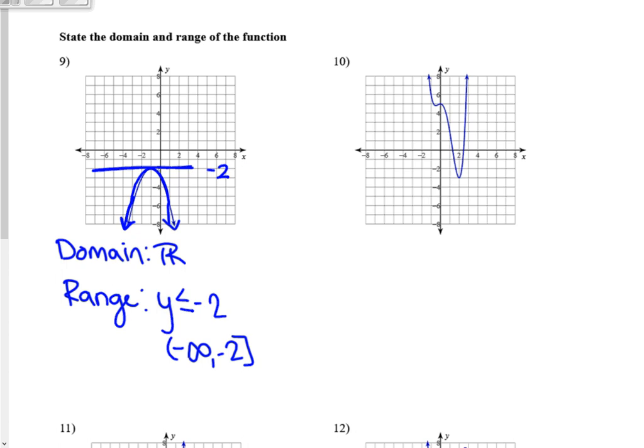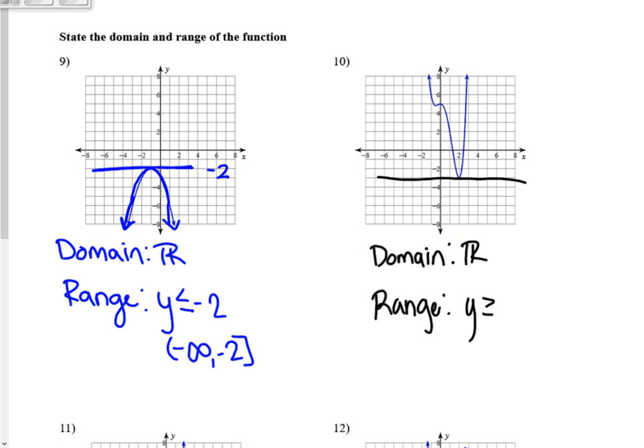On number 10, again, this graph is going to the left forever, and this graph is going to the right forever, so my domain here is all real numbers. This graph doesn't go down forever like that first one over there, but it does go up forever. It only goes down to -3, so I need all my y values that are greater than or equal to -3, or -3 to positive infinity.